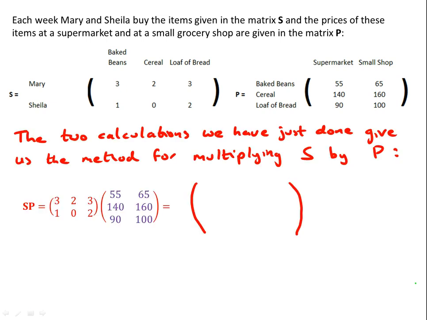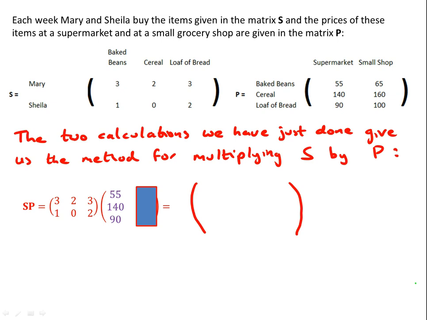So matrix S times matrix P is that, and all we do is we simply start by concentrating on column 1 of matrix P, so we block out column 2 altogether, and we do that matrix multiplication.